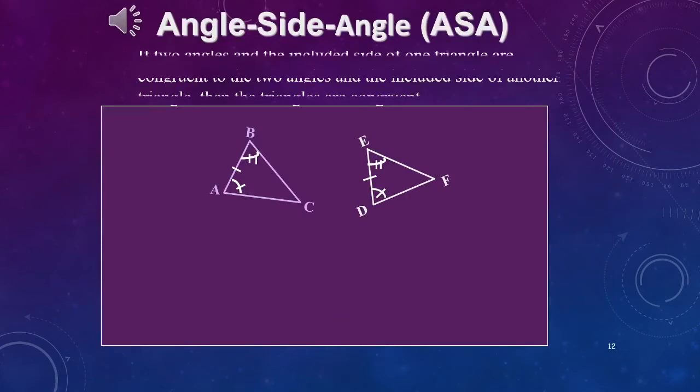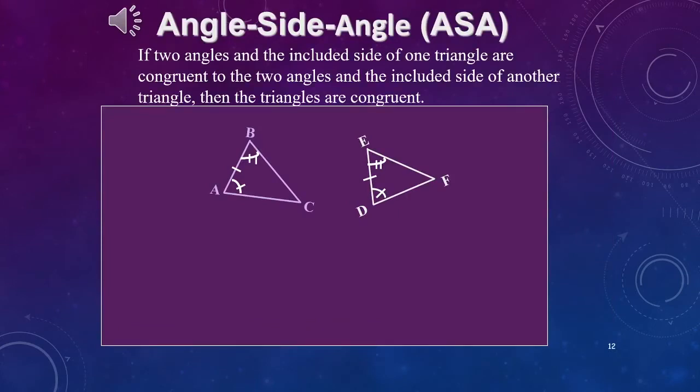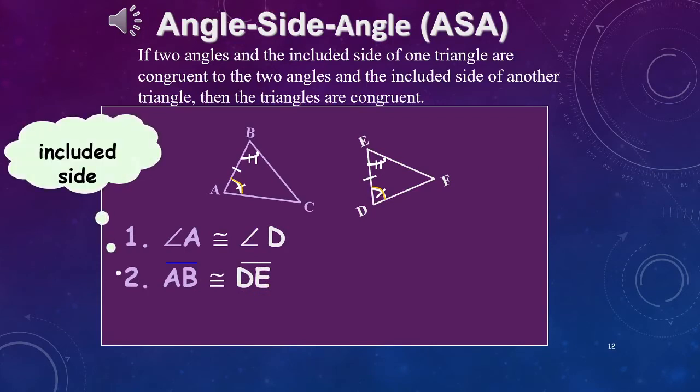Okay, let's have more. We have an angle: angle A is congruent to angle D. Then you have the side: this side AB and segment DE are congruent. Take note, the included side this time.